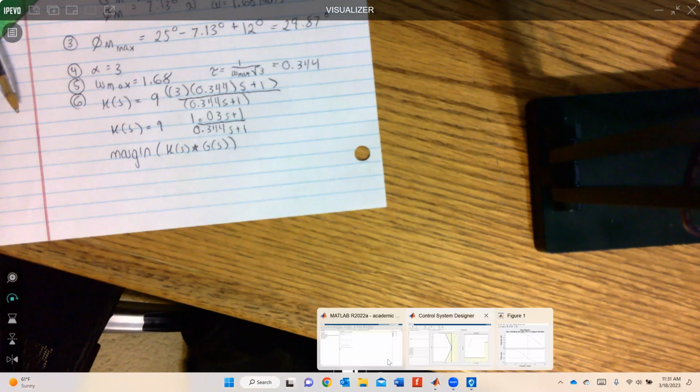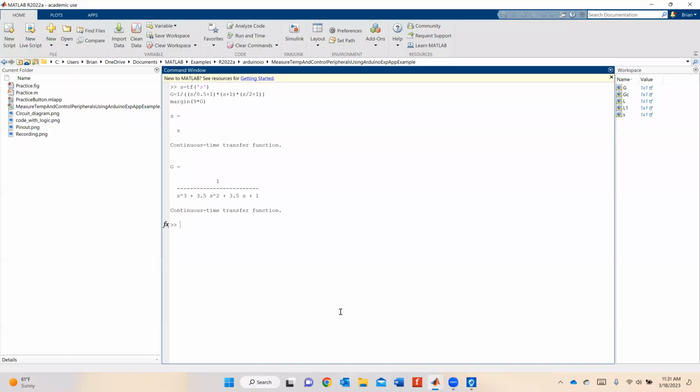So we're going to have K equal to 9 times 1.03 times s plus 1, divided by 0.344 times s plus 1.